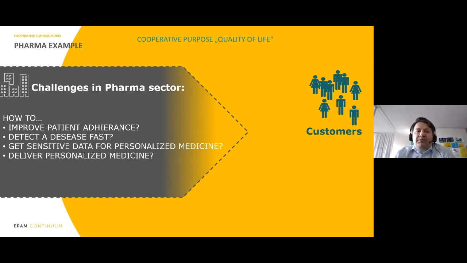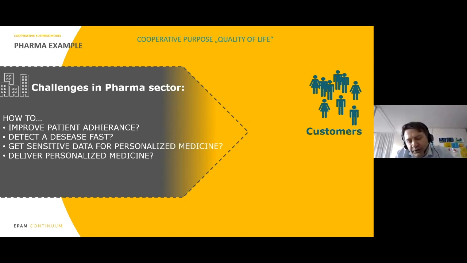And then let's take the example from the pharma. You can apply that approach to any sector. I just have chosen the pharma sector due to our recent exchanges in that sector. And you can imagine that any pharma enterprise would have the challenges of improving the patient's adherence.